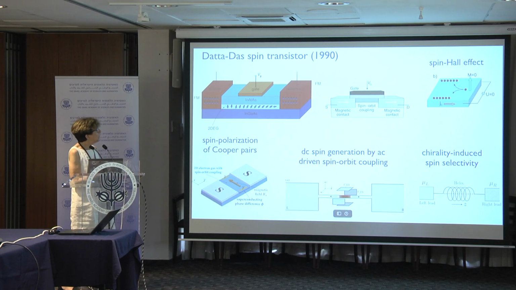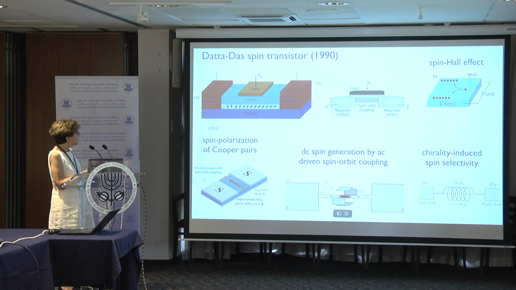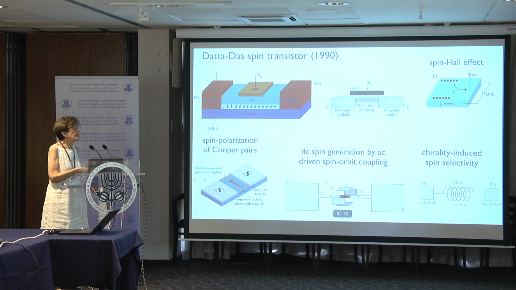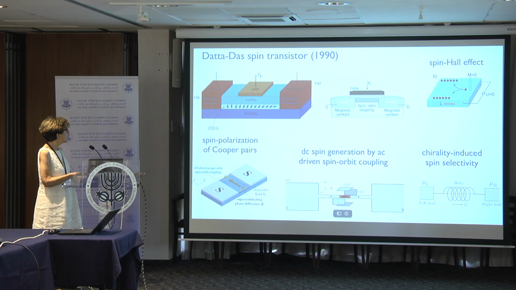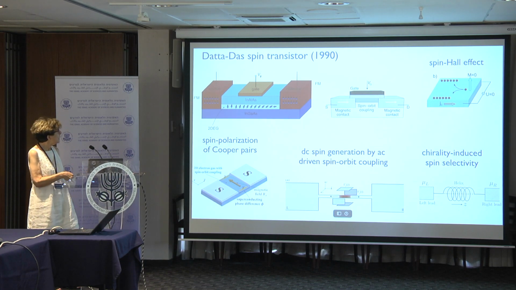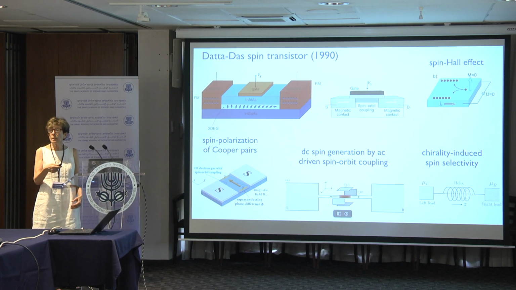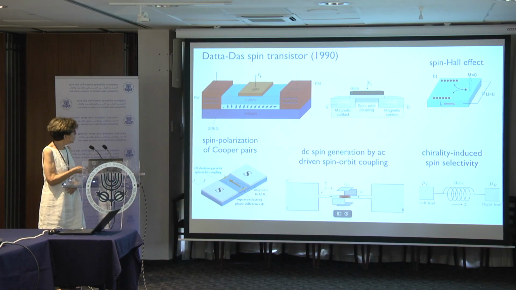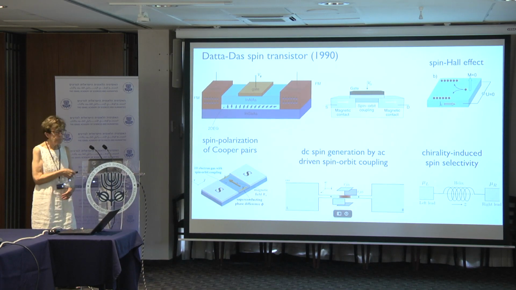Again, another direction: I would like to show you that we can generate DC spin by an AC electric field. And another direction that we follow is what happens when there is a weak link which is spin active, namely it has spin-orbit interaction, and it couples to superconductors.